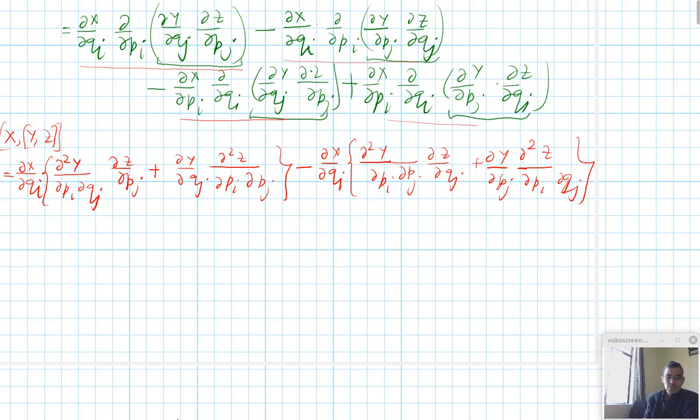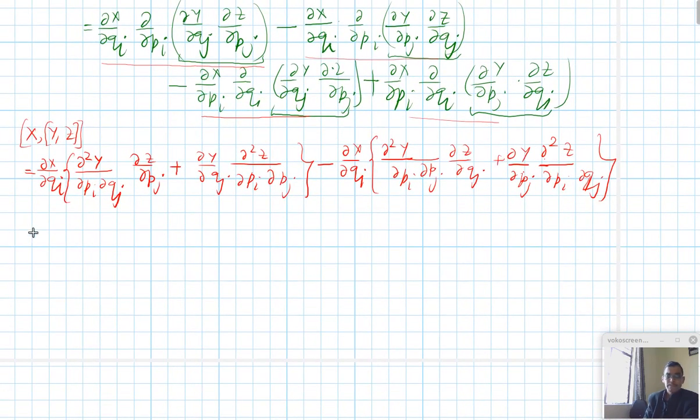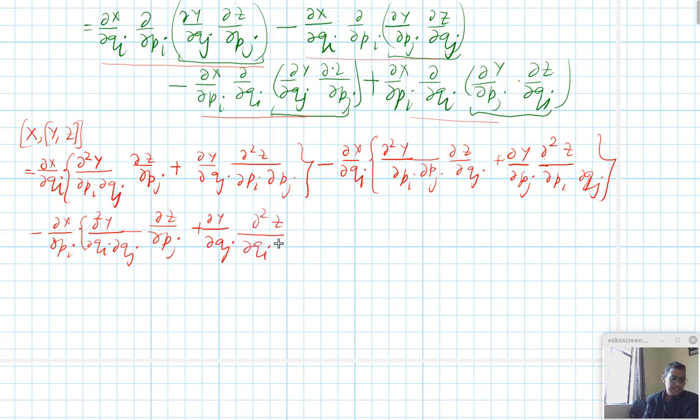So it is equal to, with the negative sign, minus ∂x/∂p_i, and here ∂²y/∂q_i∂q_j into ∂z/∂p_j, plus ∂y/∂q_j and ∂²z/∂q_i∂p_j, plus ∂x/∂p_i, and it is ∂²y/∂q_i∂p_j, ∂z/∂q_j, plus ∂y/∂p_j.